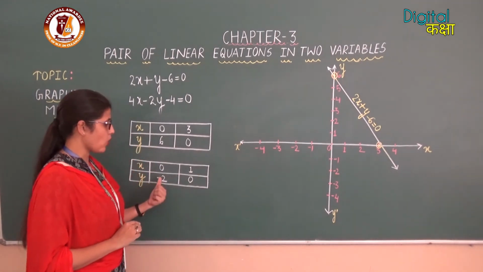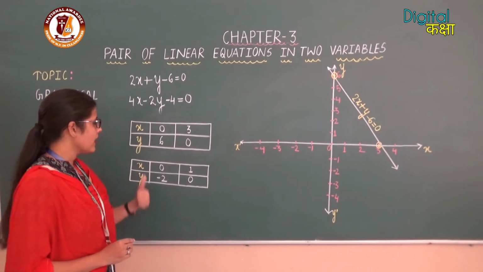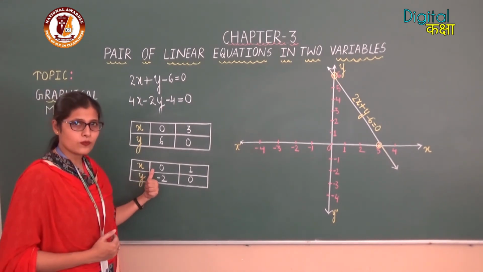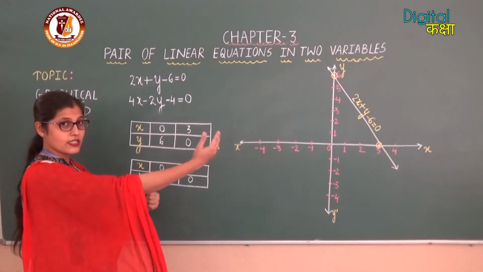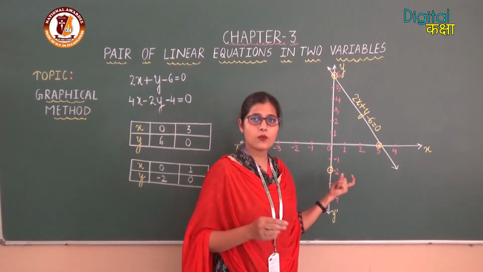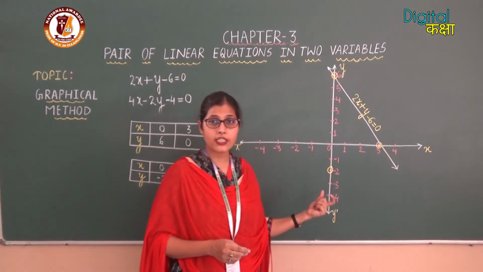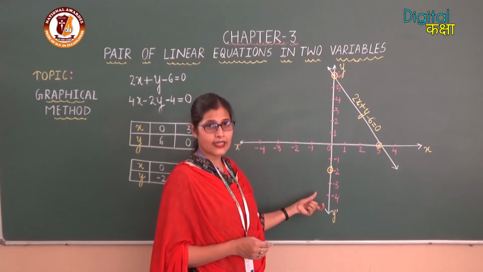After this, we will be plotting the second equation on the Cartesian plane. At the value of x as 0, I will be representing the value of y as minus 2. Since y is a negative number, it will be plotted on the negative y-axis.